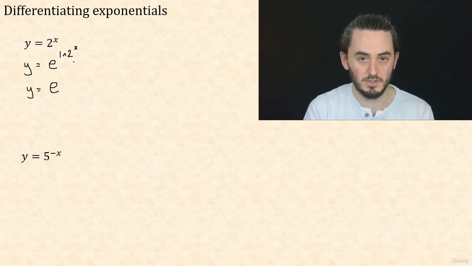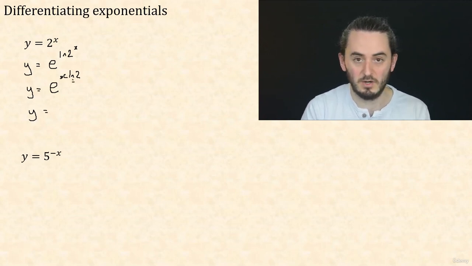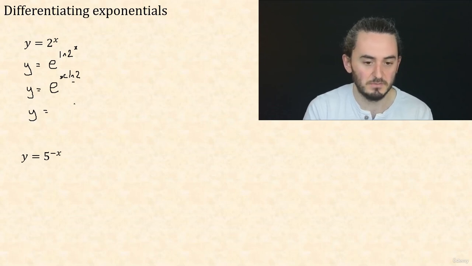I'm going to first use the log rule that says I can bring powers down to the front. So this is the same as x times ln 2. But look, this is now just in the form e to the kx, where k is ln 2. ln 2 is just a number, right? You can work it out on your calculator, it's about 0.7.